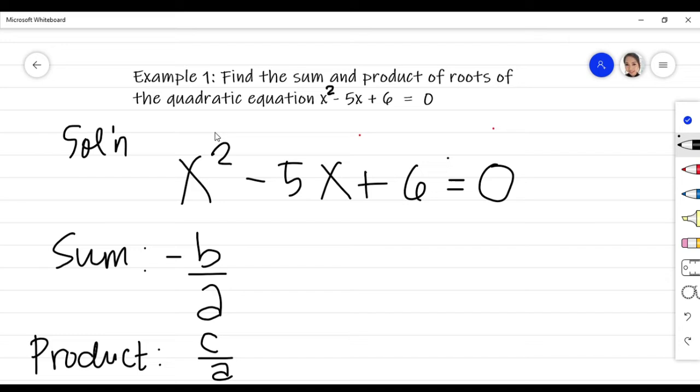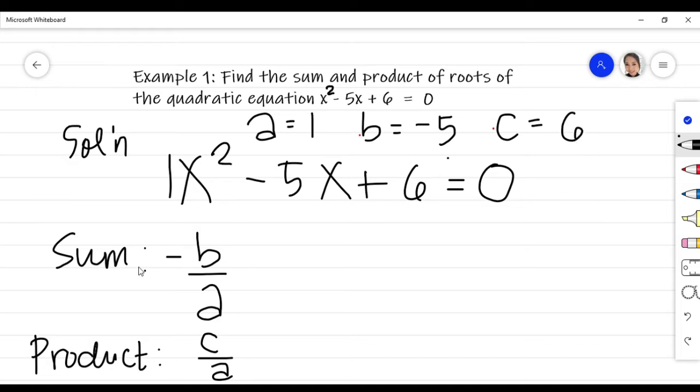Now, let's first determine the values of a, b, and c here. So our a is 1 because there's an invisible 1 here. Our b is negative 5. And our c is positive 6.